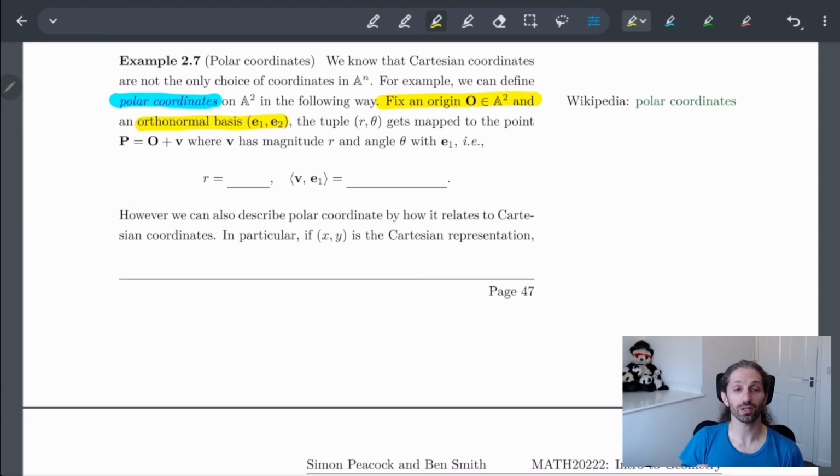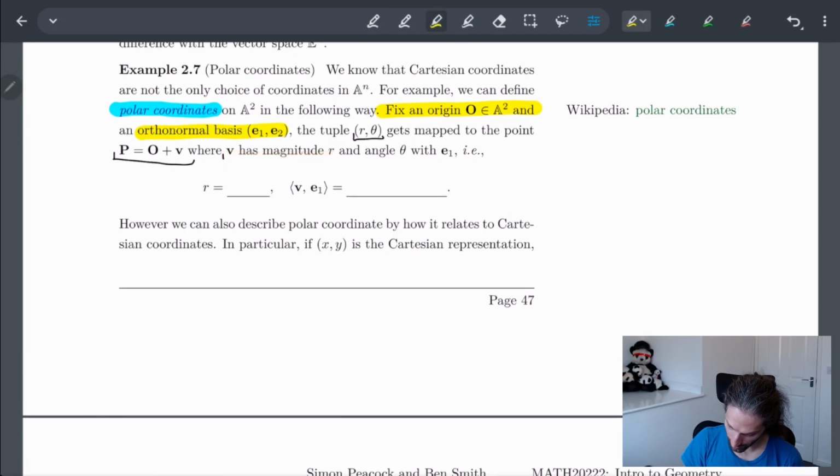Now what we're going to do is map, in 2 dimensions, A2, E2, every tuple. So here we have an R and a theta. We're going to map it to P of 0 plus V, where V has magnitude R and angle theta with E1.